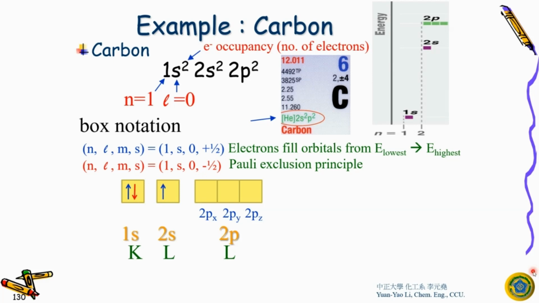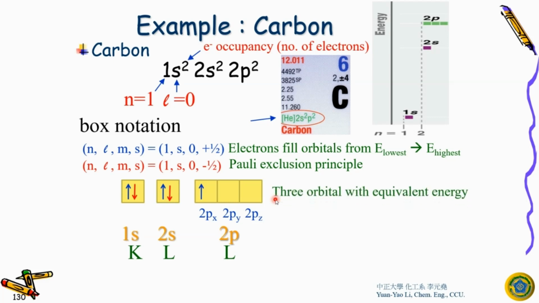So this is the quantum number of the electron. How about the second one, the third one? The third one is this, right? Fill in from the lowest to the highest. Okay, so you put it like this. And then the fifth one is this one, 2px. And how about the number 6 electron? Number 6 electron, will I put it here or here? Here, right?